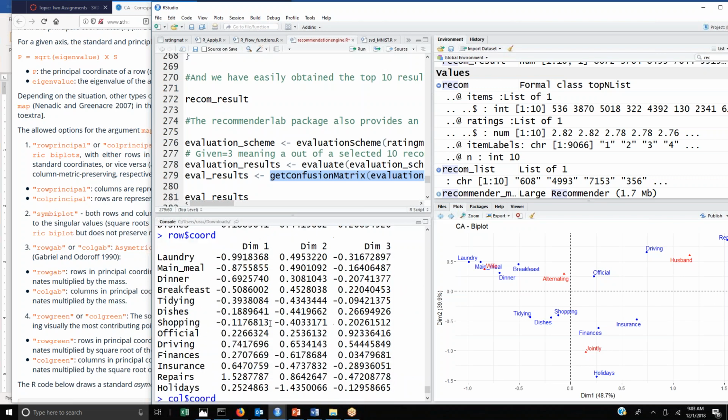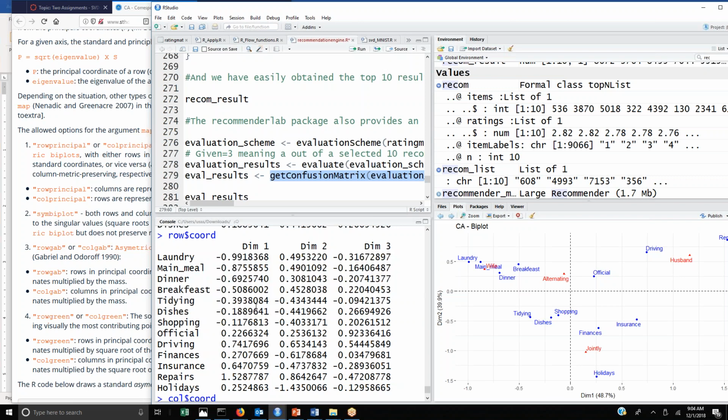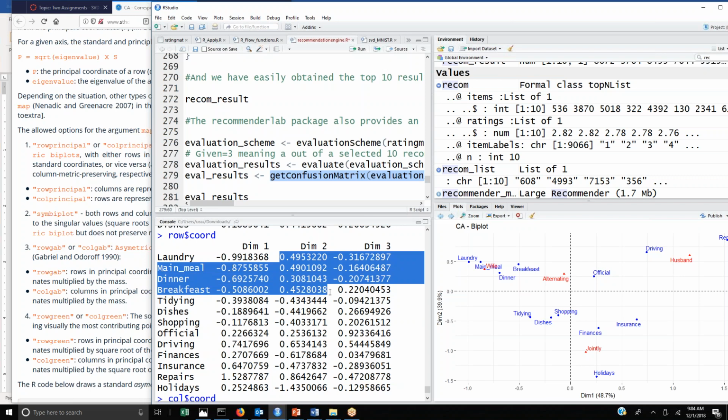Let's look at the row coordinates. Because there are many dimensions and many values, it is a little difficult. But look here, these are all negative values. Get it? The first dimension, all are negative values. These are all positive values. But wherever you have negative values, in the second dimension, look, mostly positive values.